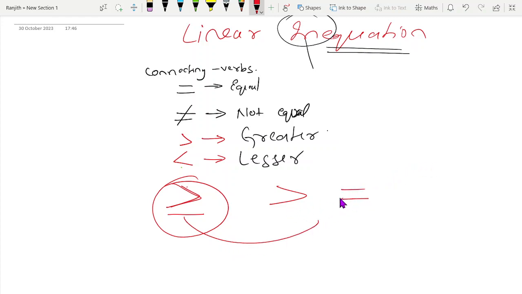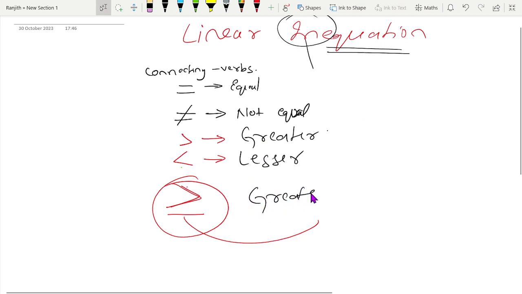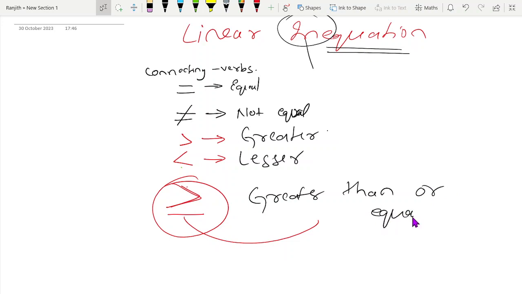So when you merge both, we call this greater than or equal to.